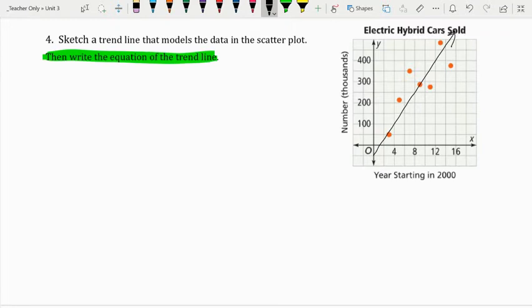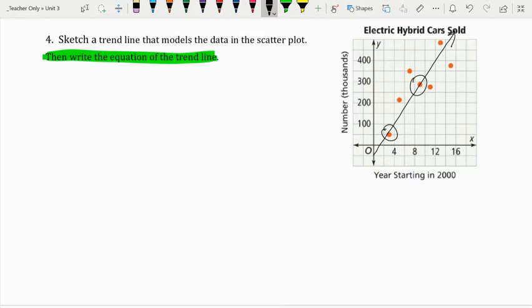Now, maybe you can think of a different way to go with that, but this is where I'm thinking of starting it. With that being said, I would pick these 2 points because they are the closest 2 points to that line. It actually goes through one of them and it's close to the other one.